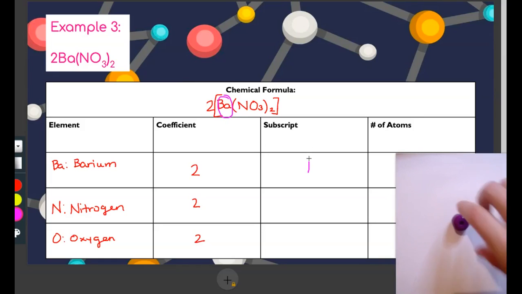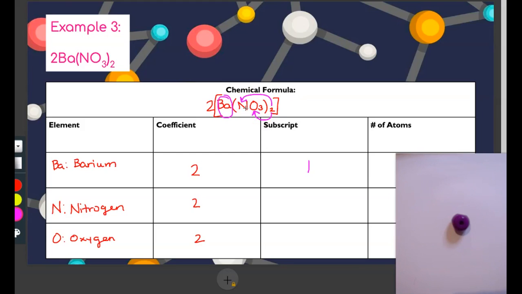So we can say in our molecule we have 1 barium. Next, we need to look at our nitrogen. However, we see something different here where our NO3 is inside of our parentheses and we have a subscript outside of the parentheses. Just like the distributive property in math tells us that a number outside of the parentheses can be distributed into everything inside, it works the same way with the chemical formula. So this 2 outside of the parentheses needs to be distributed into any of the atoms inside of the parentheses.